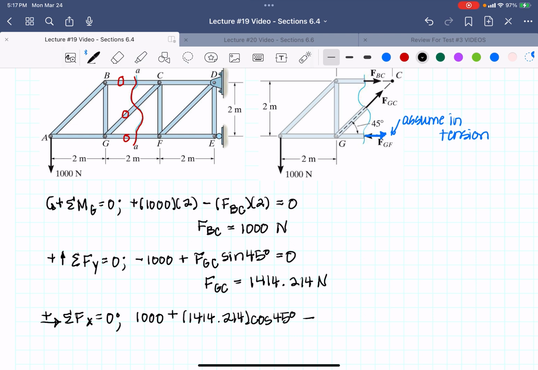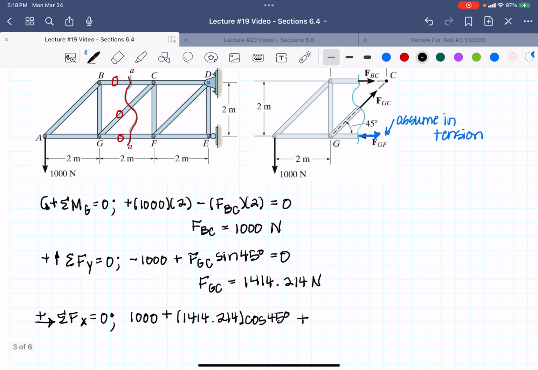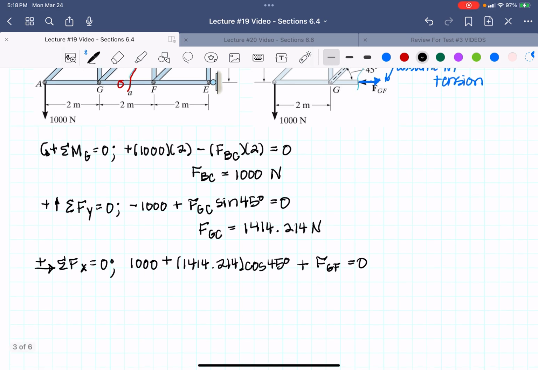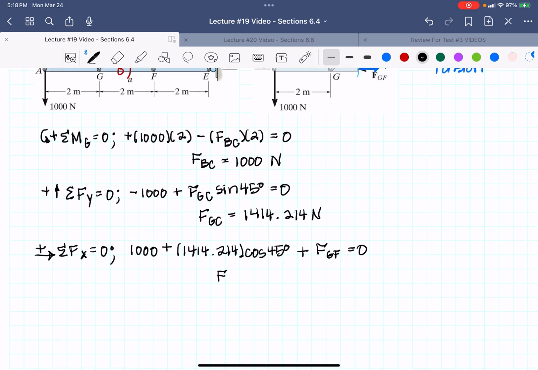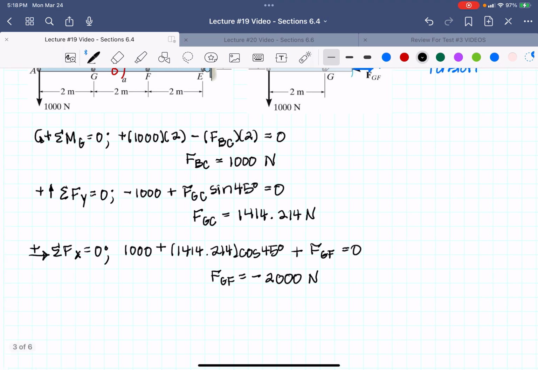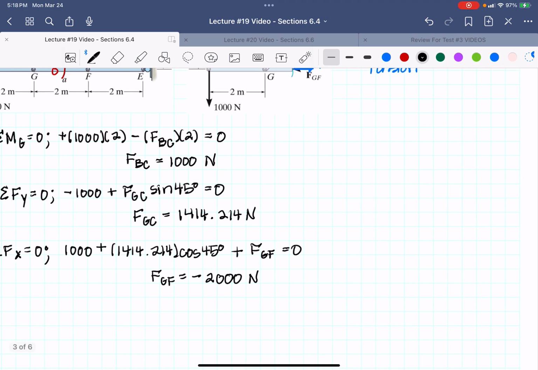And then I assumed FGF was in tension, so I'm going to assume it's positive. FGF equals 0. So when I calculate that, I'm going to get that FGF is negative, which means it's in compression. So for my answers, I'm going to write out my answers and show which ones are in tension and which ones are in compression. So you need to do that for your problems.